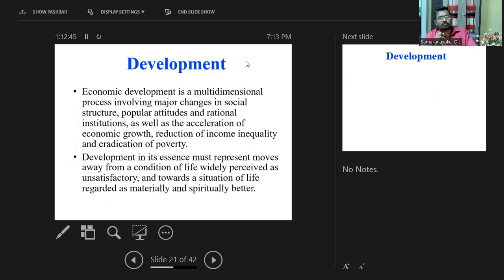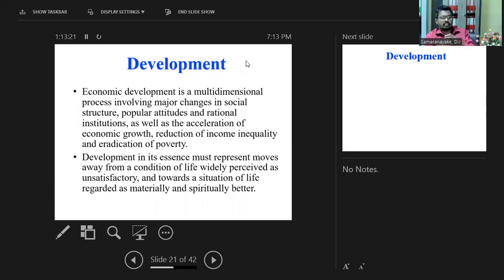So economic development is a multi-dimensional process, okay, involving major changes in social structure, popular attitudes and national institutions, and also it's about economic growth and also reduction of income inequality, and poverty eradication, all together. So that's a multiple package. That's what we will see economic development as. Then I provided you justifications to say why I am saying this is a multidimensional process. You saw it from a lot of sources now.